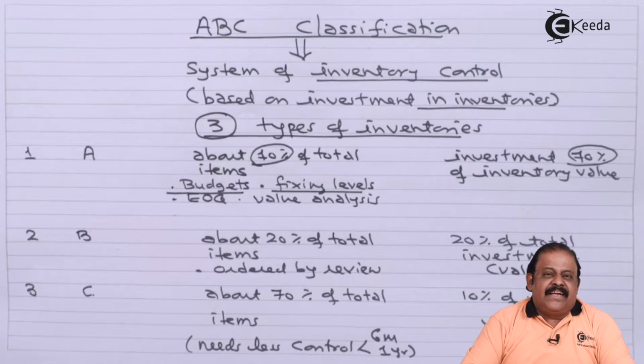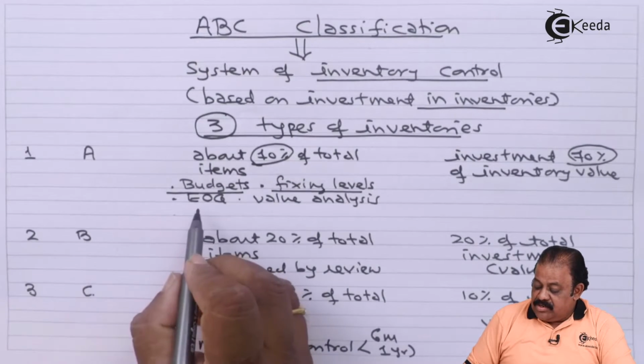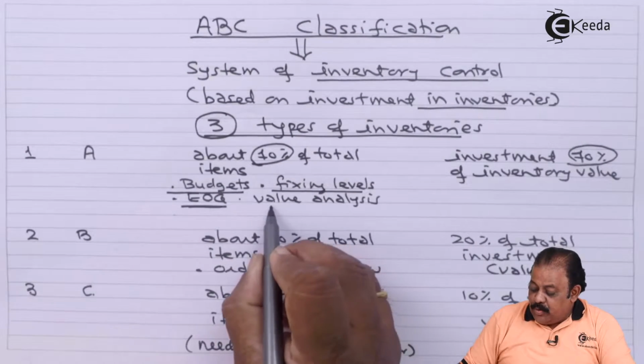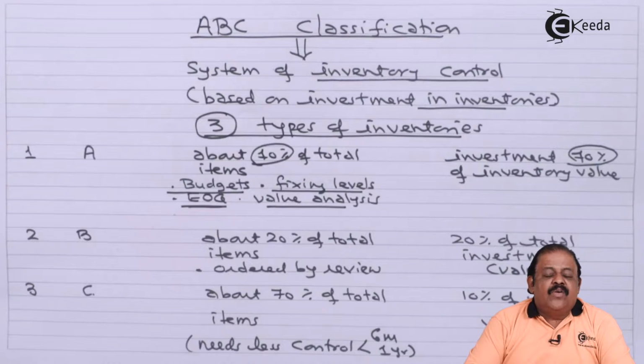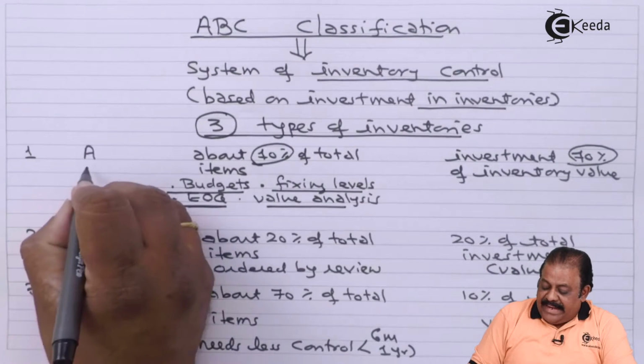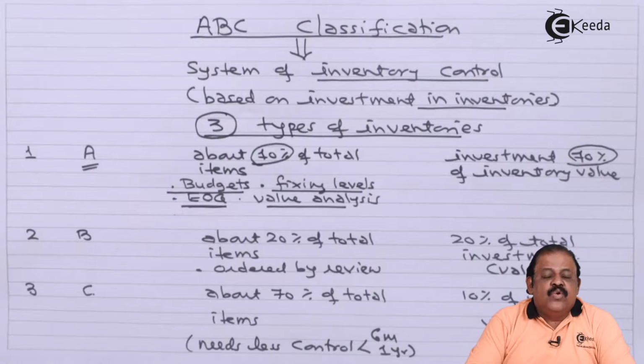Company will try to maintain proper level of such stock by determining minimum level, determining maximum level, determining economic order quantity. There will be value analysis. Such steps are used by the management to have strict control on A category of goods.